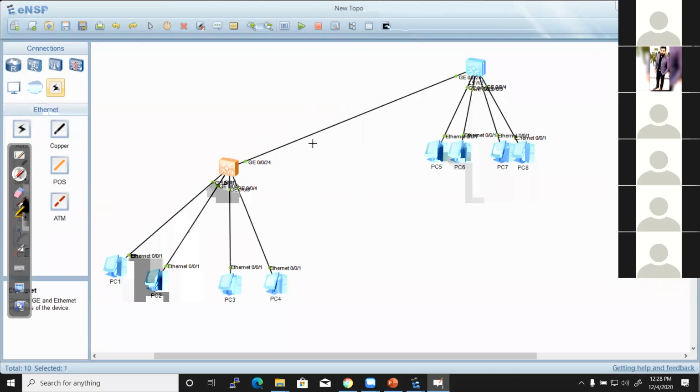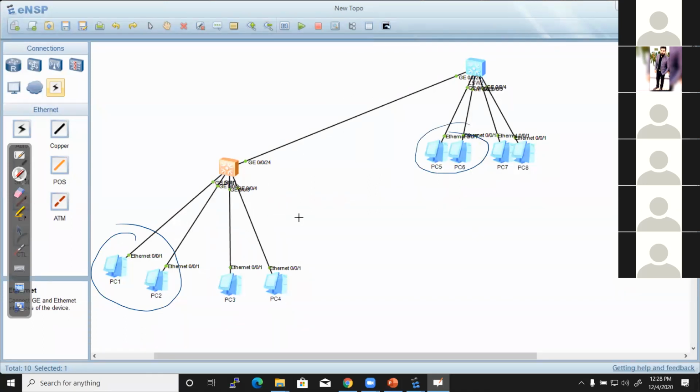What's the drawback if the IT guys are communicating with the same guys and the accounts departments are communicating with the same guys, but they are sitting on different floors? Is there any drawback in this topology? You need to figure it out.